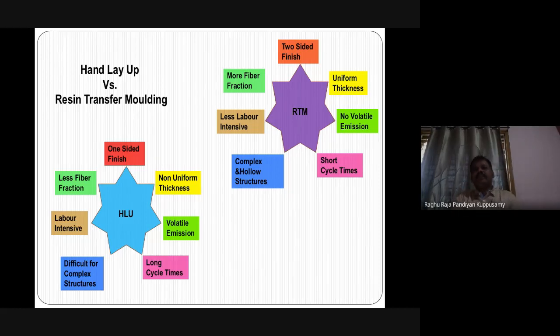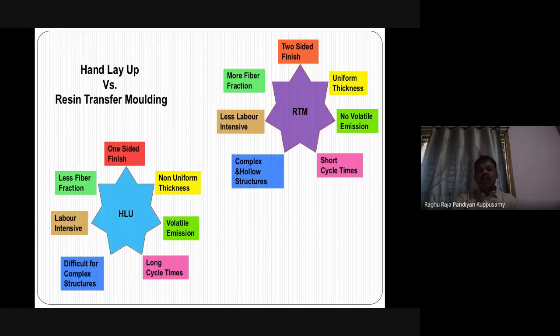As I said, I'm comparing advanced resin transfer molding with the manual method. If you go for the hand layup method, there are a lot of disadvantages: you get a one-sided finish, your product will not have a uniform thickness, and you will have a lot of volatile emissions from the resin, which is very harmful.